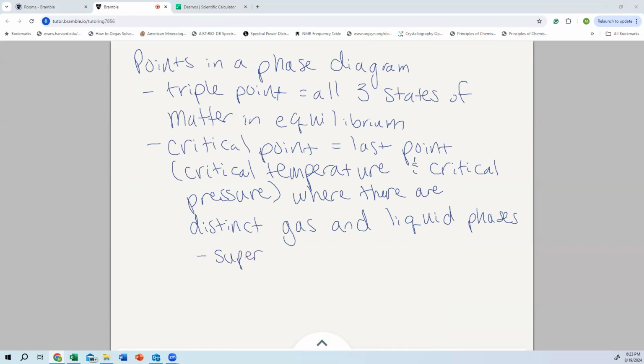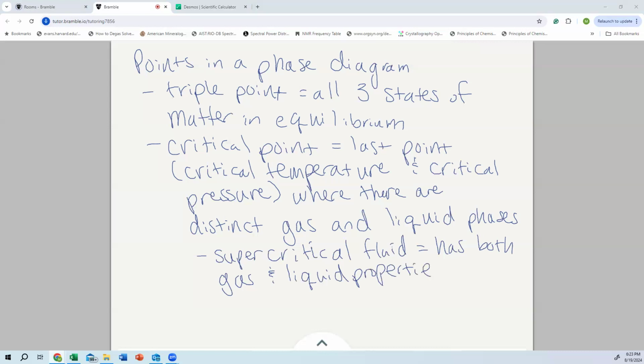Specifically, it has a viscosity similar to that of a gas, and a density between that of a gas and liquid. It also has the ability to dissolve like a liquid.